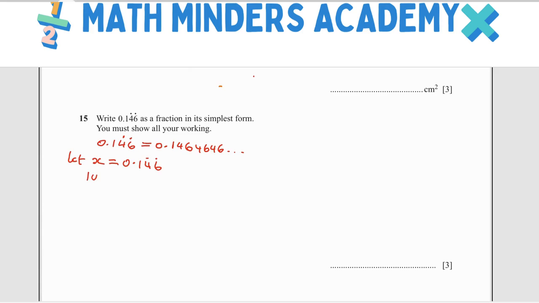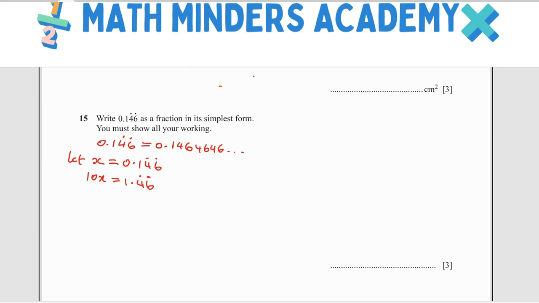So we have 10S equals 1.46... Okay. Now, I want to multiply again by another factor such that the decimal part too will contain 4 and 6 that recurs.